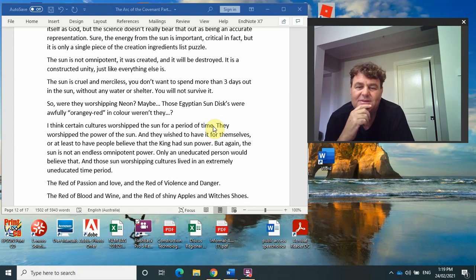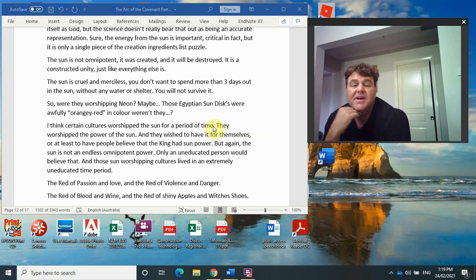Those sun worshipping cultures lived in an extremely uneducated time period. But as I've suggested, I don't believe that we were always. That was just a period. And prior to that, this language code and these stories are saying that we did at a time in the past understand science in the way that we understand it now.